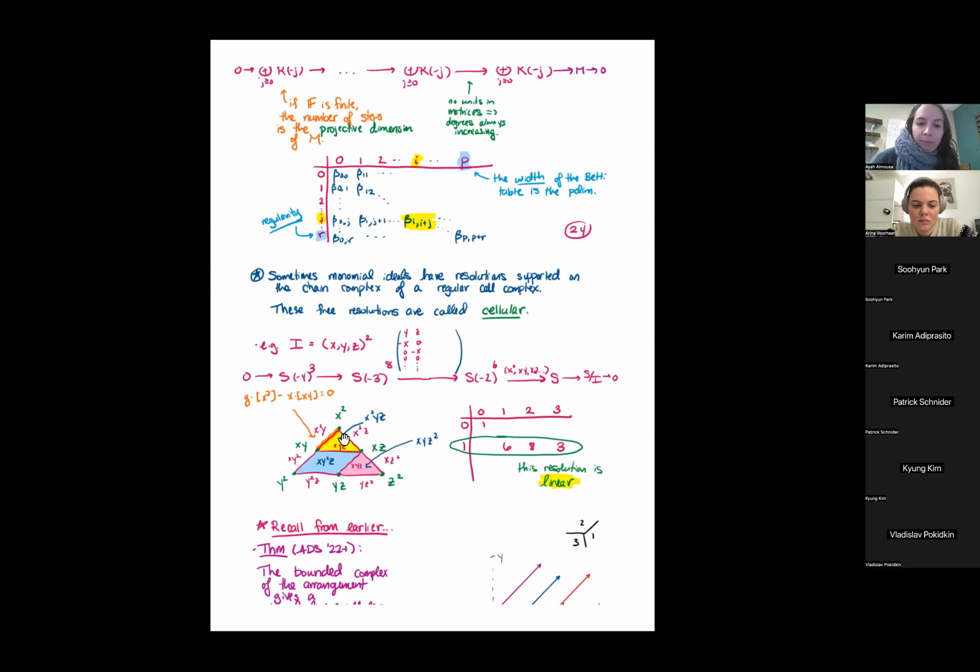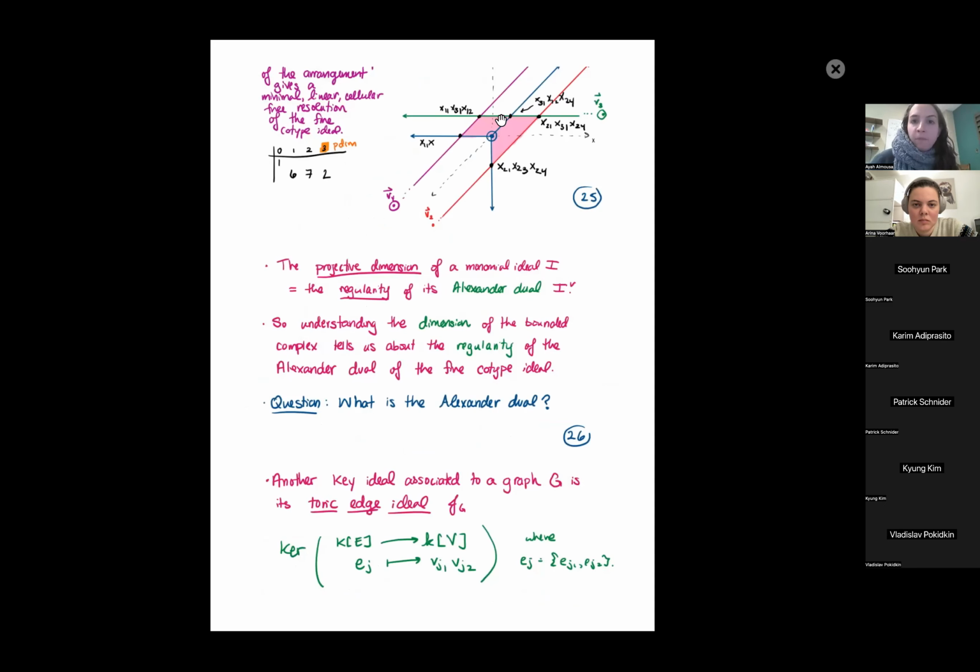And I had mentioned earlier that we proved this, me and Anton and Ben: the fine cotype ideal of the arrangement has a minimal cellular resolution given by the bounded complex of the arrangement, where again I'm just looking at the bounded cells.